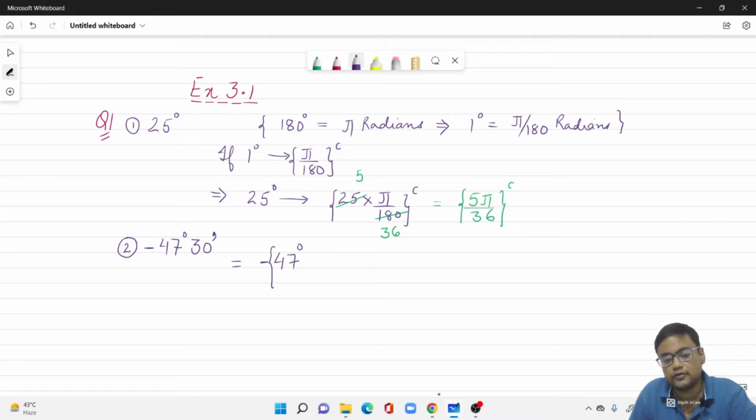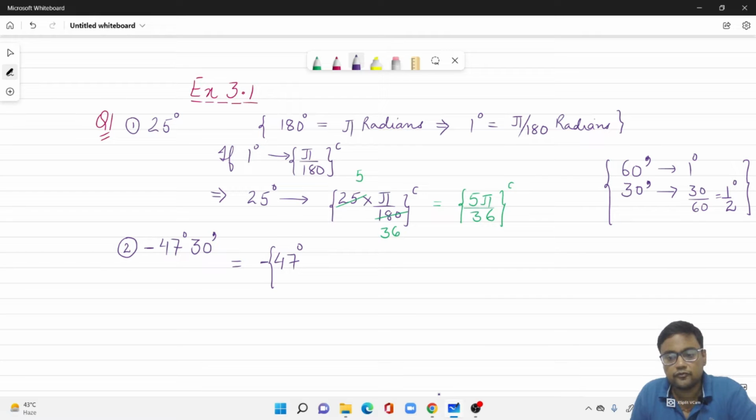So if you convert minutes into degrees, what you have to do? For that we will take a look over here. 60 minutes constitutes 1 degree because we have to find the degree out of 30 minutes. So 30 minutes is equal to 30 over 60, that is half degree, right?